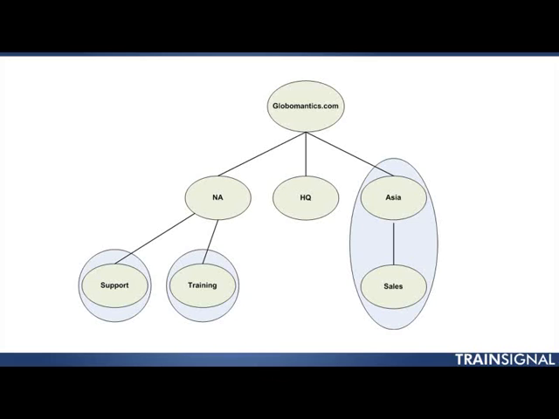What that means is that if somebody within the Globalmantics enterprise wanted to look up the IP address of a computer that had a fully qualified name that existed within, let's say, the training.na.globalmantics.com namespace, in order to do that, it would have to go to the DNS server that was authoritative for that namespace.